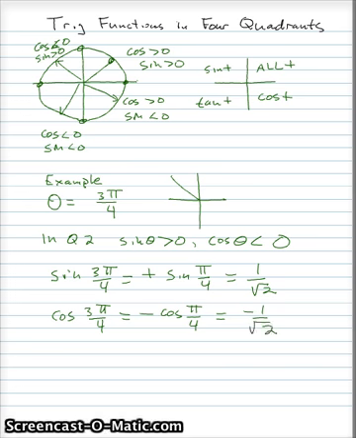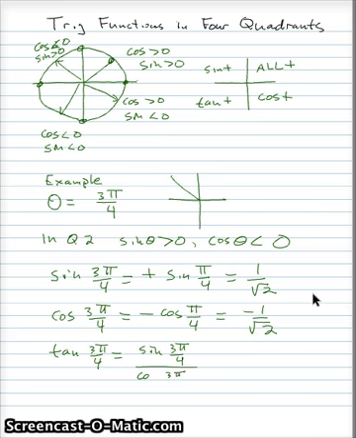And I'm going to finish up with tangent. The tangent of pi over 4 is simply the sine of pi over 4 divided by the cosine of pi over 4. We have these two values here. One of them is positive and one of them is negative.